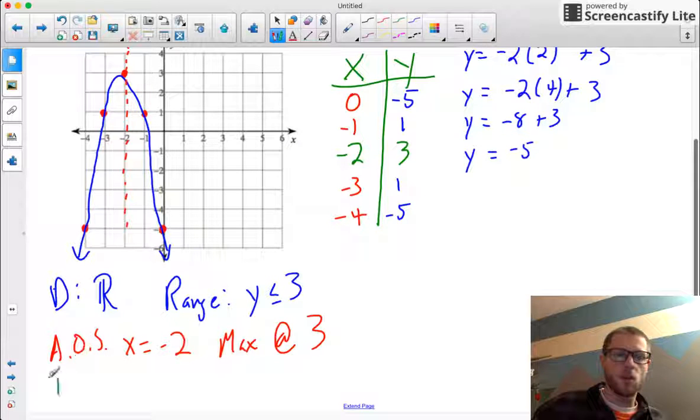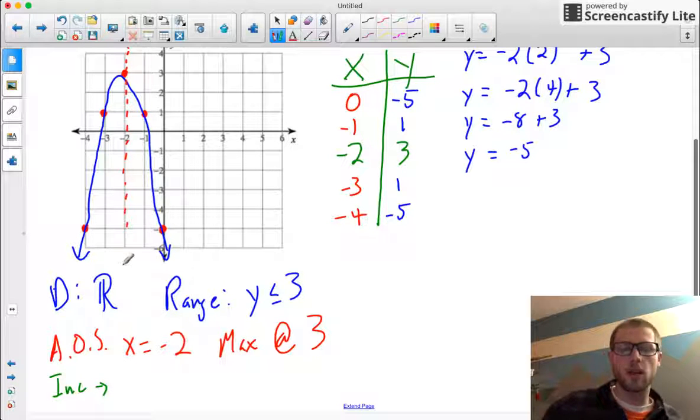If I'm talking about when the graph is increasing, I want to imagine that I'm riding the roller coaster that is this parabola, and when am I going up? Well, if I start over here, I'm going up, I'm increasing, and then I stop increasing here. So how do I describe everything from the left of this point? To the left of -2, all my x values will be less than -2.